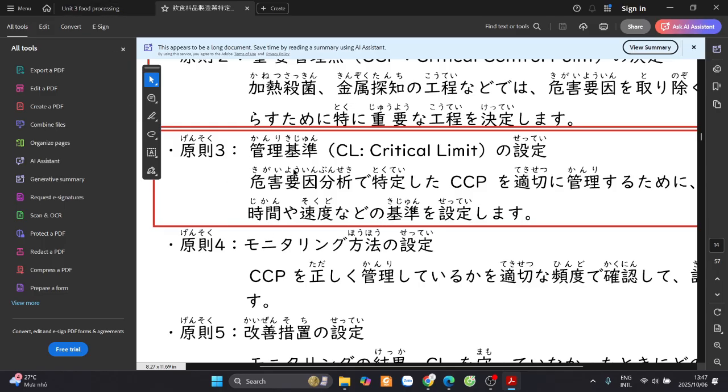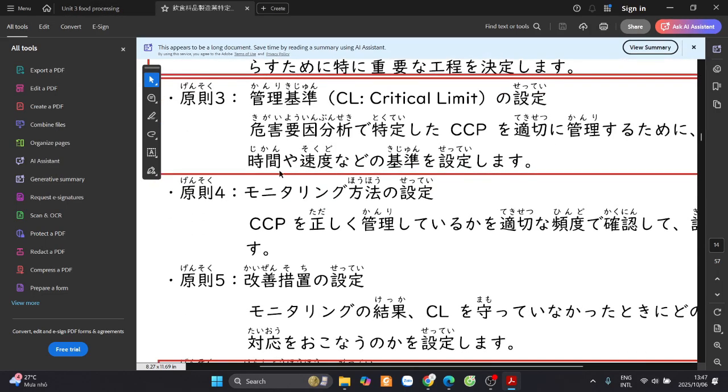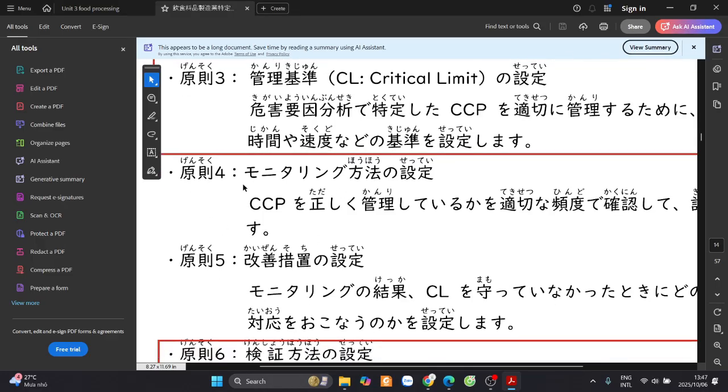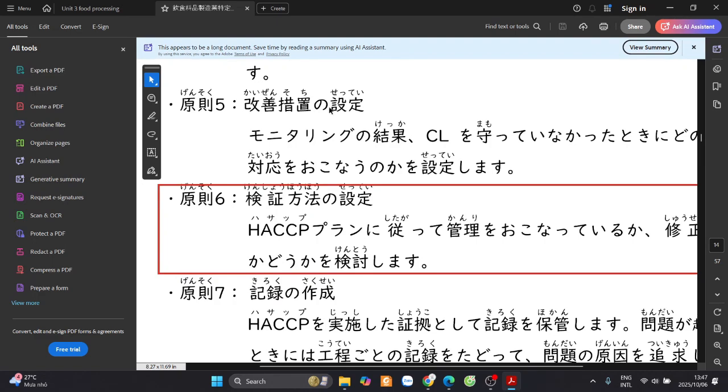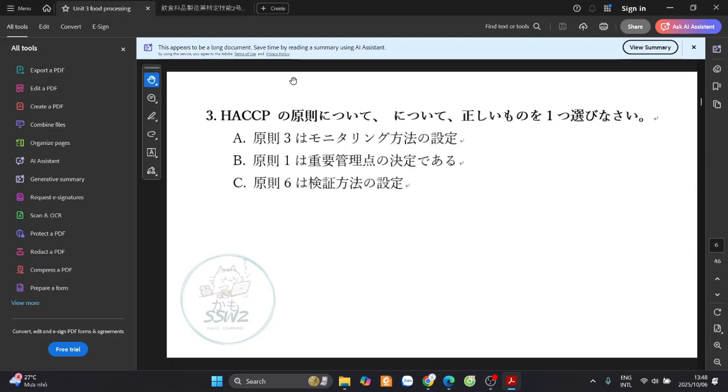Setting the monitoring is from 原則 number 4. So the right answer is 原則 number 6, 検証方法を設定, setting the verification step. So the right answer for number 3 is C answer.